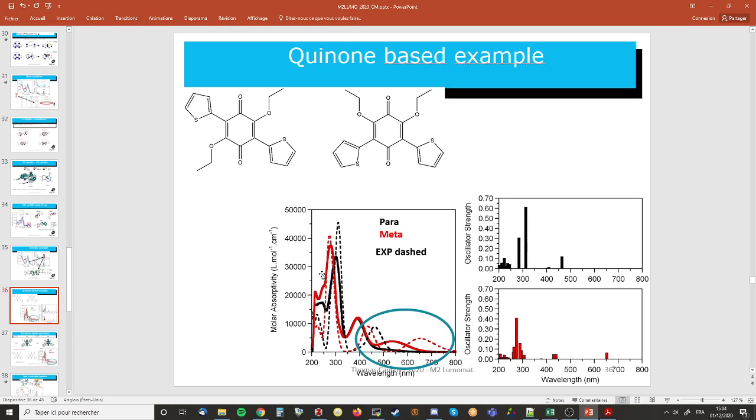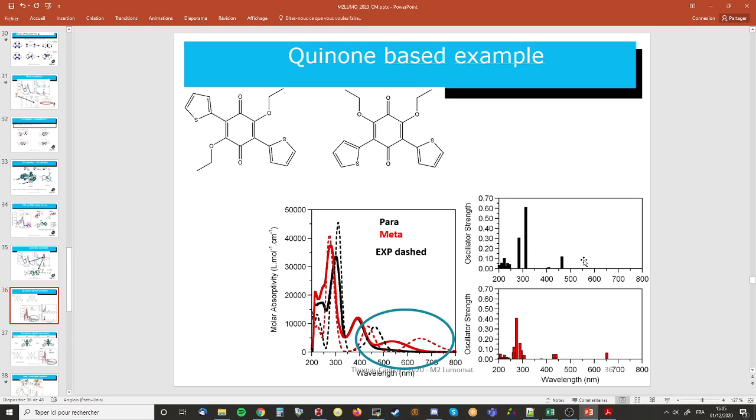You have in the higher region two similar forms. Here we have a band that is quite similar, and here at 550 you have one band for the meta-substituted, this one, when in the black you don't have anything, or really a weak one. And when you do the computation, indeed you find a transition here when there is none here.